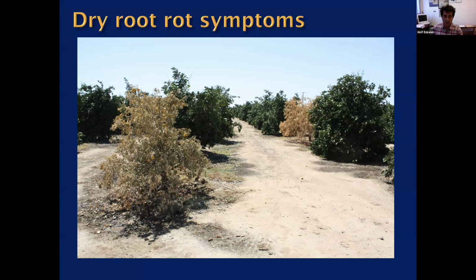So sporadically you could see this kind of symptom in your citrus orchard. I just wanted to give you the different scenarios of the symptoms in the field. Basically, when you see that plant, it's most likely caused by the dry root rot, which is the quick decline of the citrus.